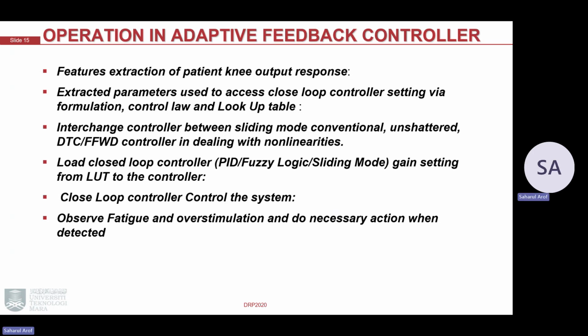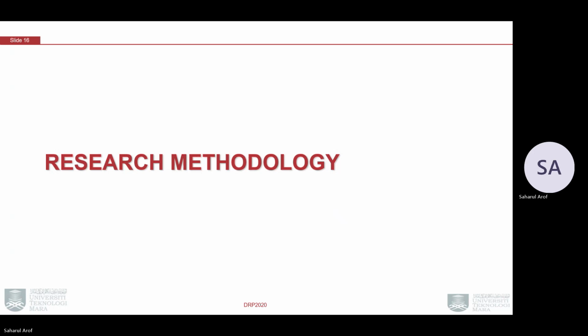The closed loop controller will control the system, while at the same time it observes the fatigue and overstimulation and will take the necessary action when fatigue and overstimulation are detected.